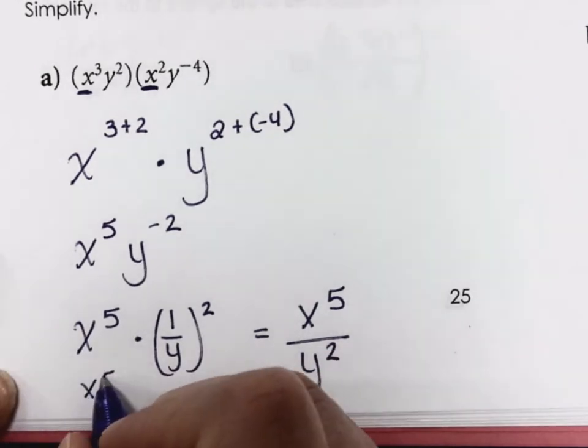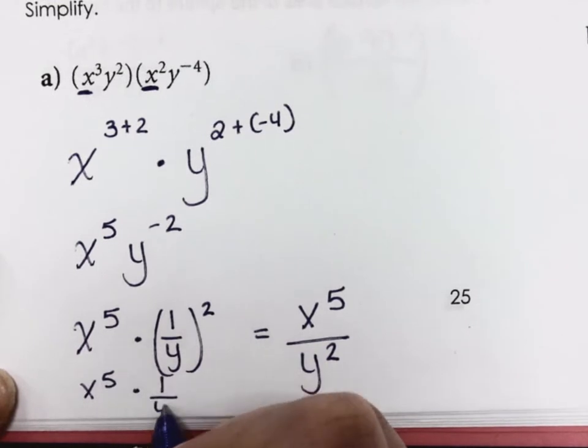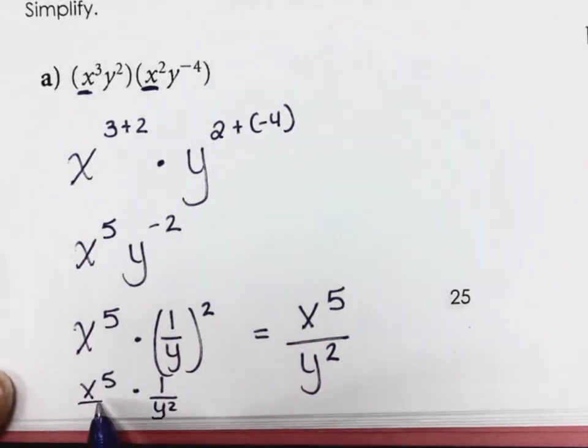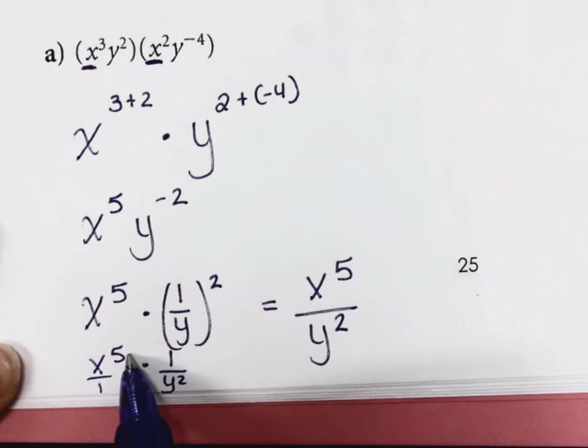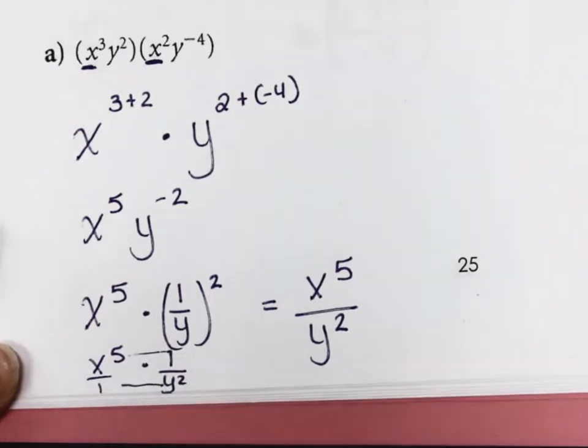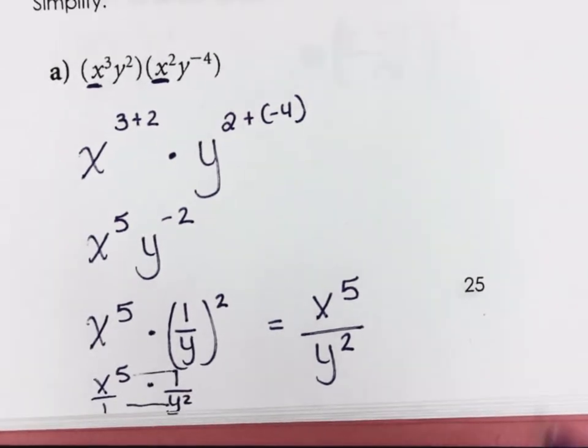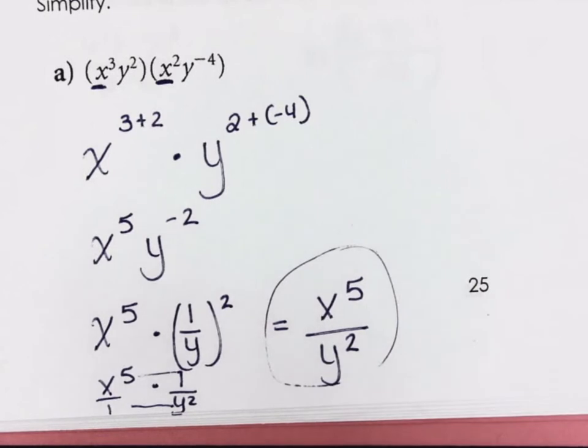So I'd have x to the 5 over 1 times 1 over y squared. And when we multiply fractions, straight across the top, straight across the bottom. This is usually the format that you'll see it in. That one's a little bit different because we're using letters. And although that feels uncomfortable, it's the same stuff that you do when you're using numbers.